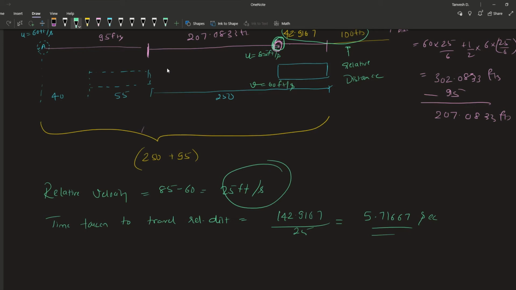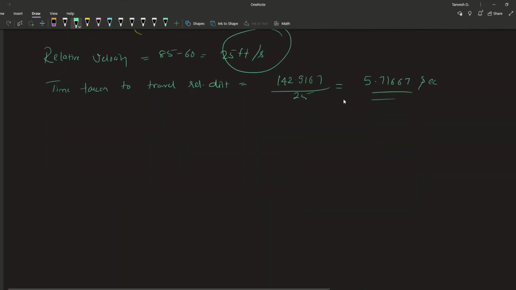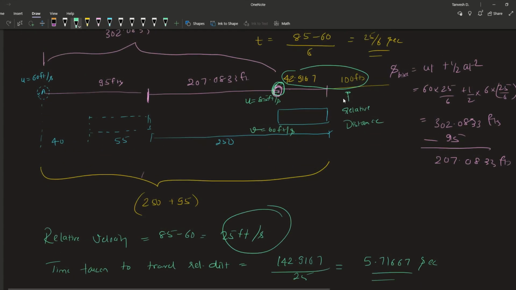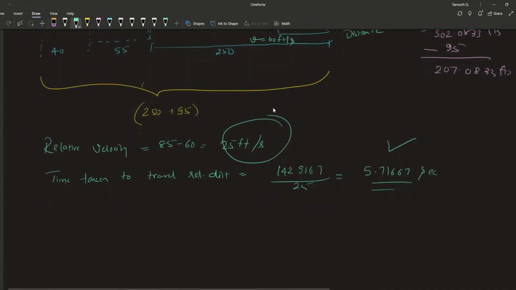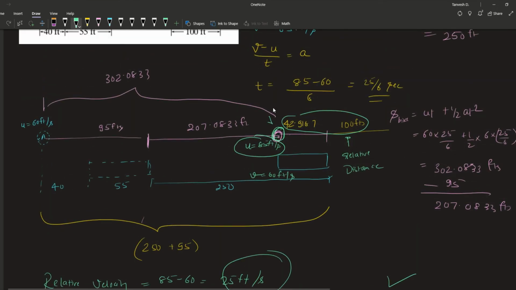Now, again and again I am saying that this is the relative distance. What is the absolute distance that the bike travels? The absolute distance will be the actual velocity of the bike multiplied by this time taken. So the actual velocity of the bike is 85 multiplied by this time will give you the actual distance travelled from this point.